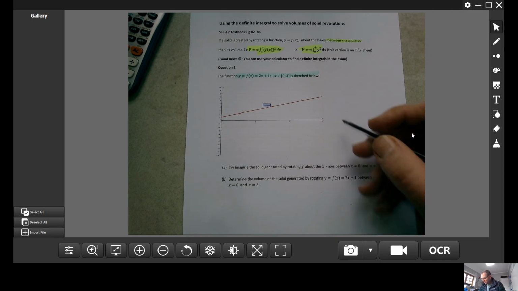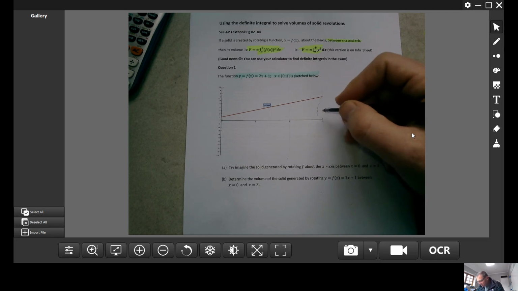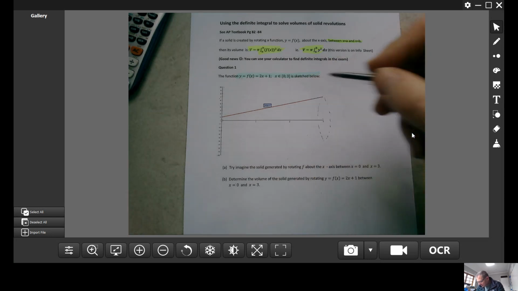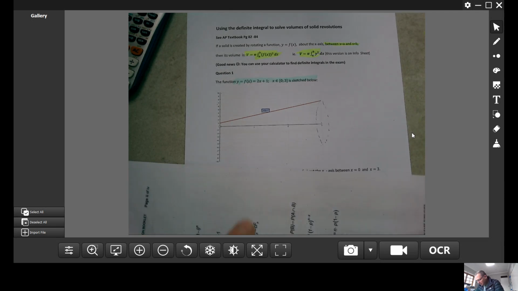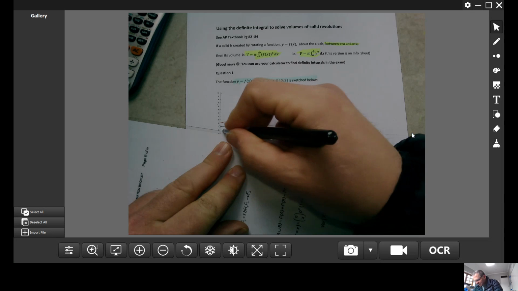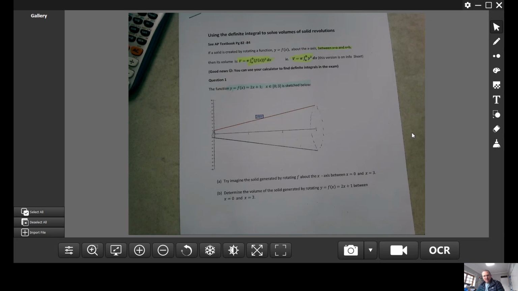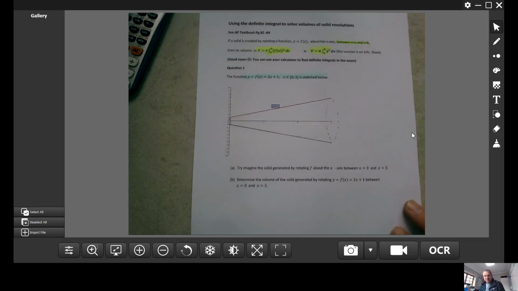As it rotates around, you get a truncated cone, which goes all the way up to here and is symmetrical about the x-axis. At the end, you also get a round opening of the cone. That's what the solid looks like, and we need to find its volume.